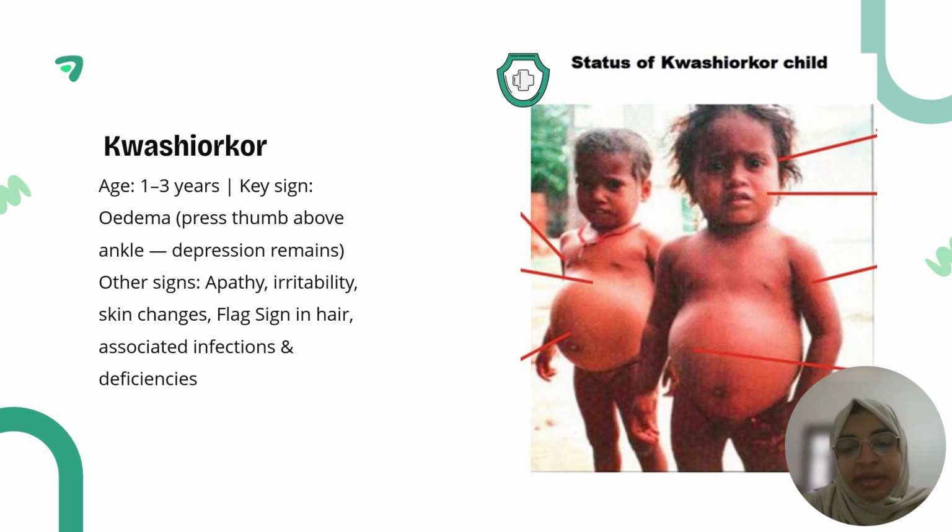Skin changes such as peeling of skin or hypopigmentation are seen, and there is also hair discoloration known as the flag sign. There is also increased susceptibility to infection, and immunity is very low. This picture shows a Kwashiorkor child.